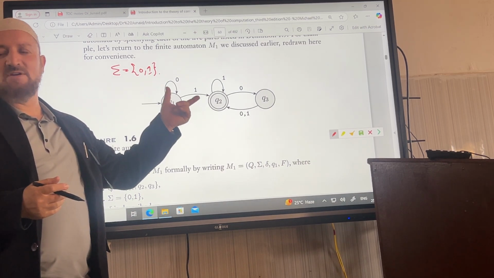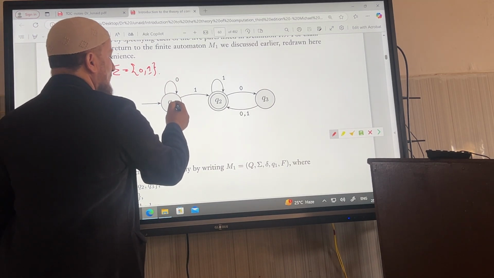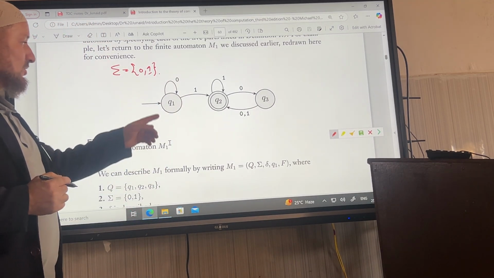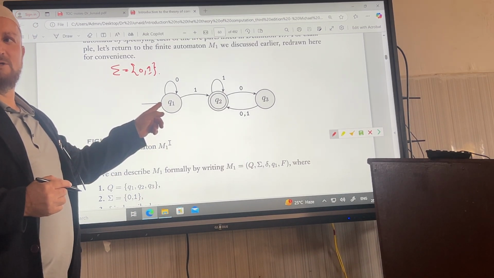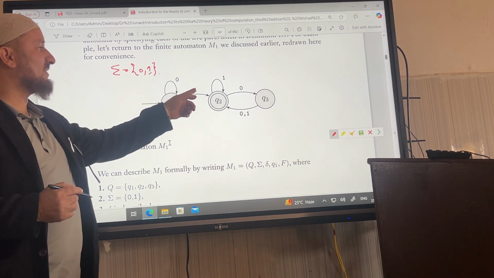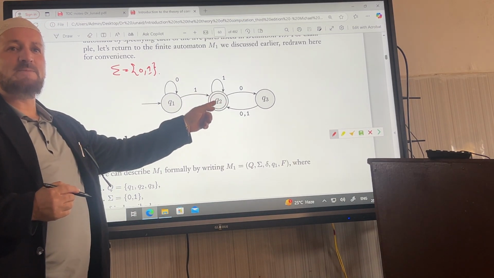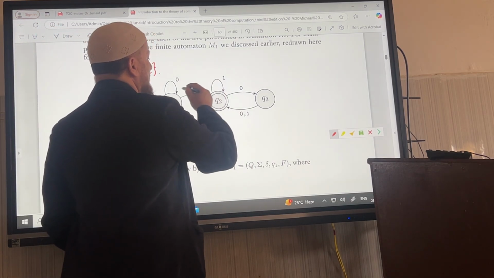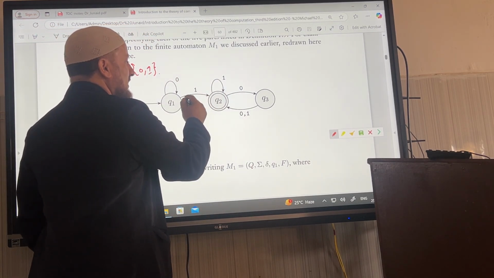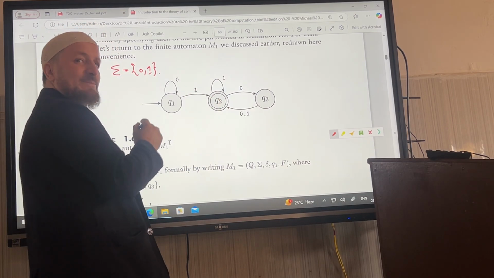What language will be accepted? If it is 0, it will stay in the non-accepting state. So you can allow all the zeros, but if the 1 comes, it goes to the accepting state. If after that you have many ones, it stays in the accepting state.